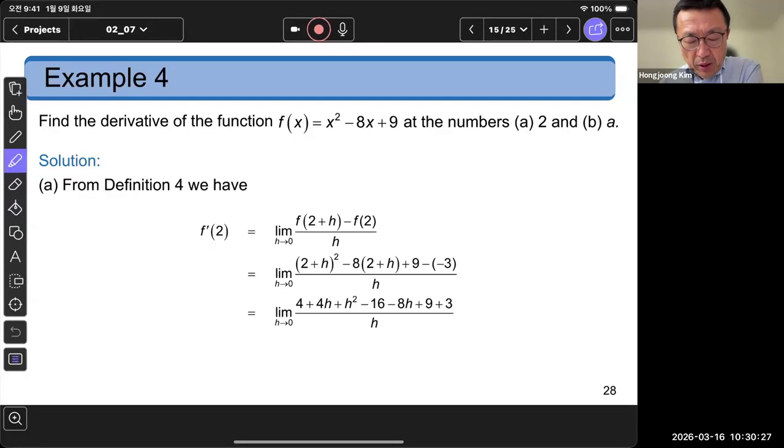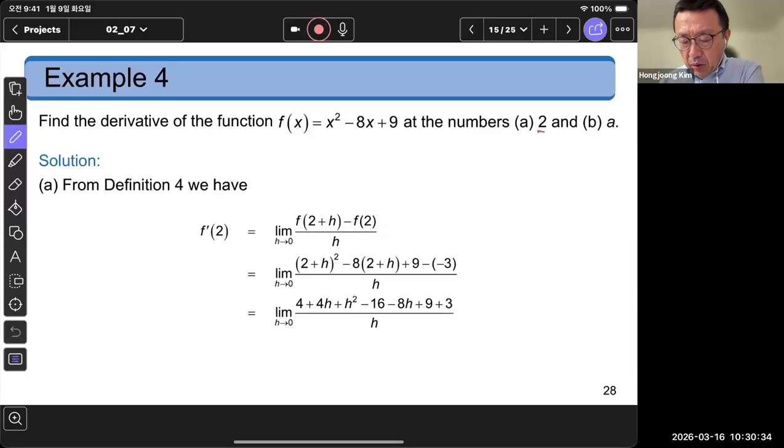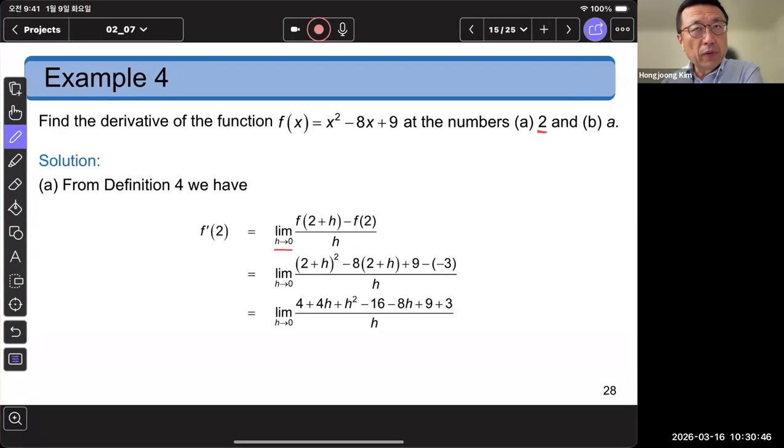So if I first consider the case when x is 2, then we can just evaluate the previous formula at 2. As h goes to 0, f of 2 plus h minus f of 2 over h. That should be evaluated.